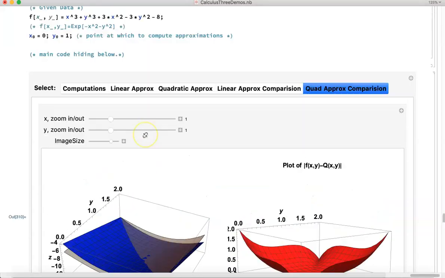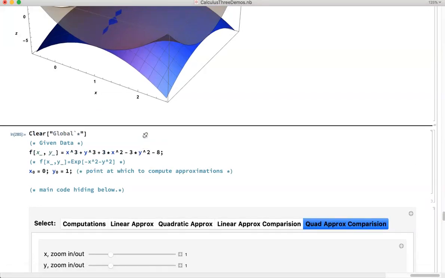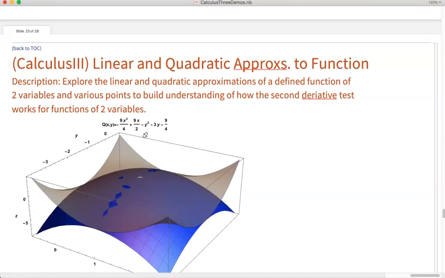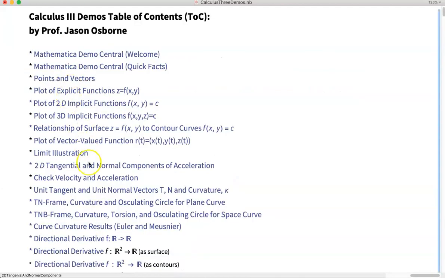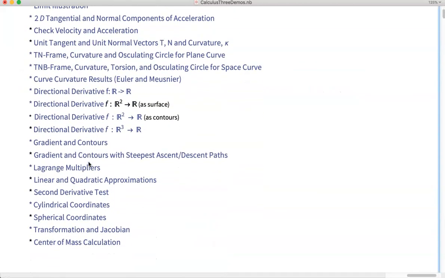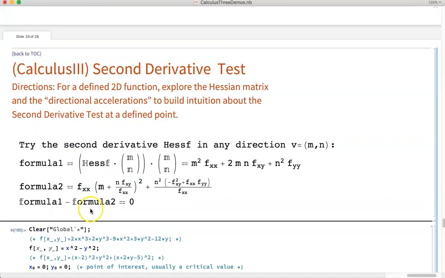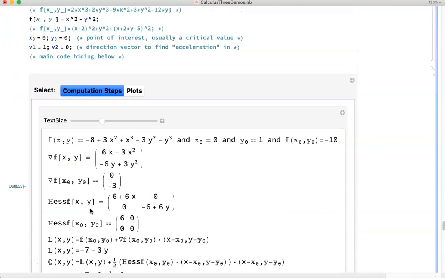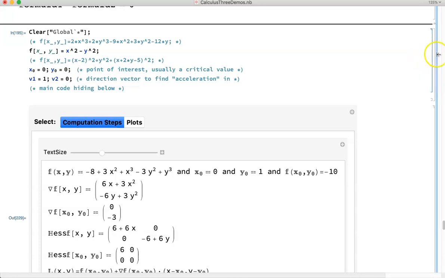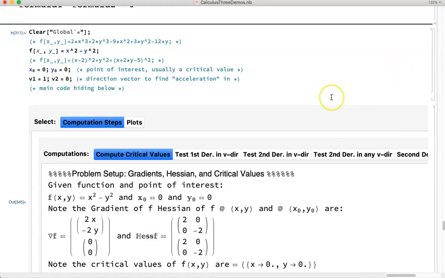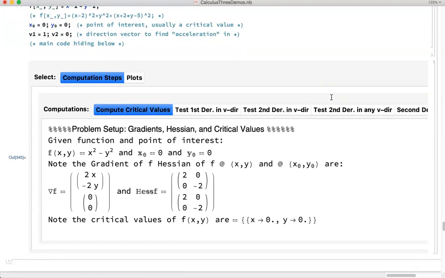Okay. The next thing I want to do is kind of hint at the directional second derivative. Okay. And I have a little example here. Second derivative test. I just want to look at a very particular example. Okay. So here is a problem that we'll go through the steps now. I'll outline it here. And we can see that, again, we've got a function of two variables.